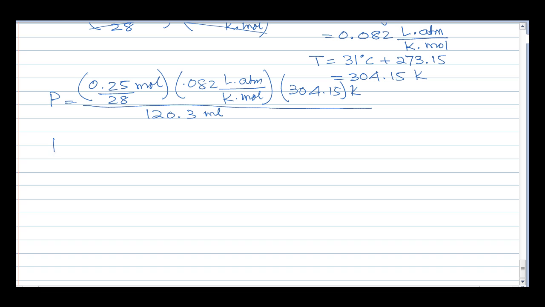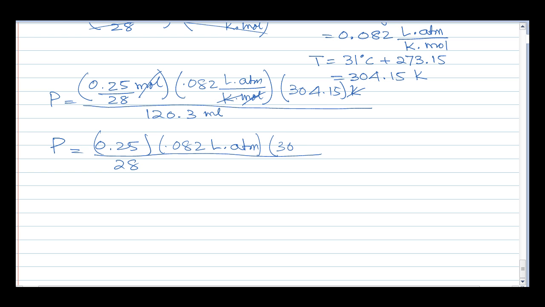So P is this. Let me cancel out the mole and the mole, and the K and the K. So I'm left with 0.25. Let me bring the 28 as a denominator, and I have 0.082 liter atmosphere and 304.15.